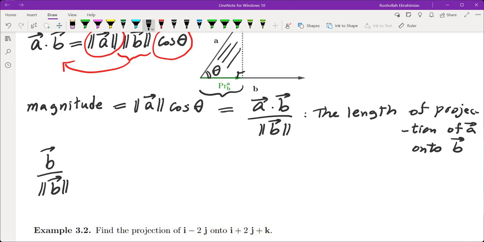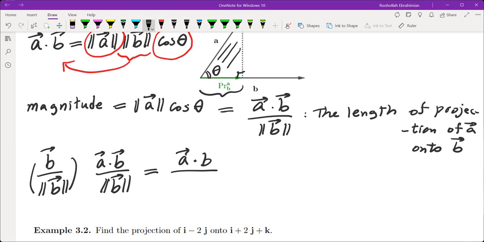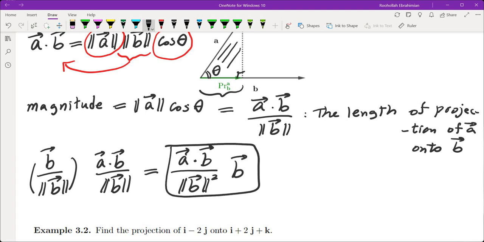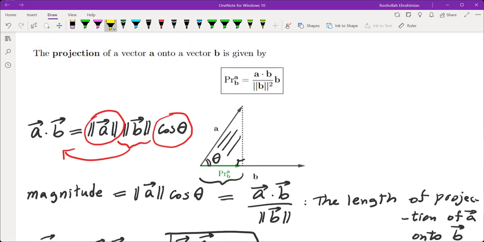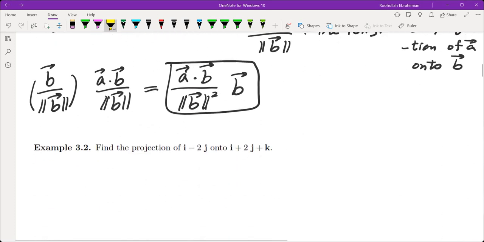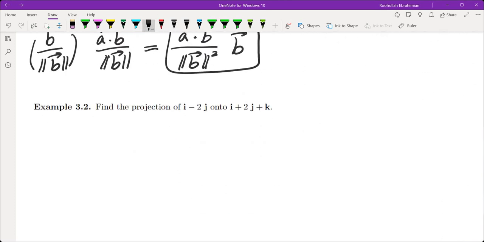So this is the unit vector in the direction of B. We'll have to take this and multiply by the length, A dot B over magnitude of B. When we multiply these, we get A dot B, and remember that A dot B is a scalar, over magnitude of B squared at the bottom, times B. So this is the formula for the projection of one vector onto the other. Projection of A onto B is evaluated by A dot B divided by magnitude of B squared times the vector B. So projection is in fact a vector.